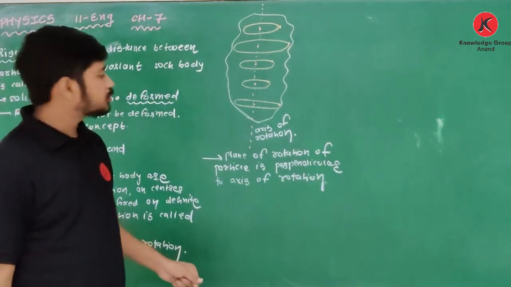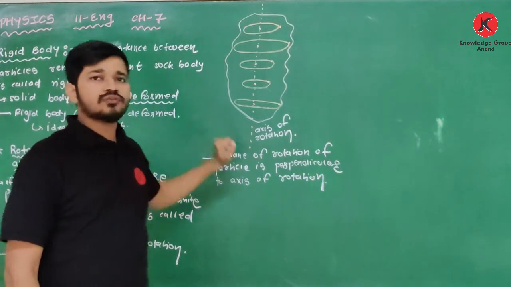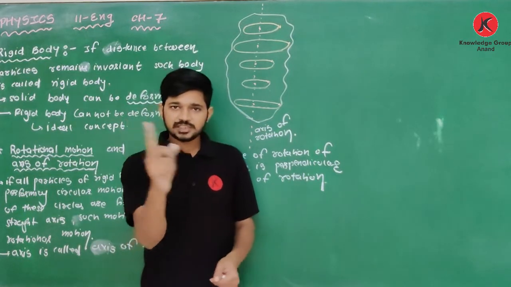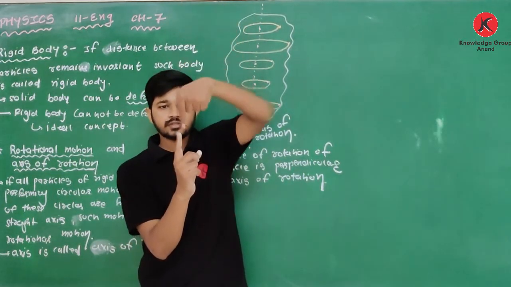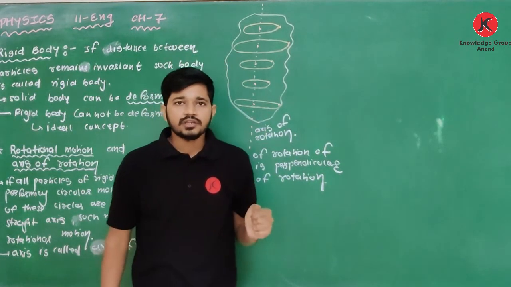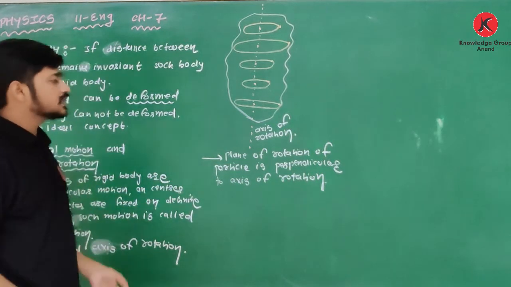So it is one easy point. The plane of rotation of the particle is perpendicular to the axis of rotation. Yes, friend, it is rotating in this plane, but its axis of rotation is vertical. Clear about this? So the plane of rotation of a particle is perpendicular to the axis of rotation.